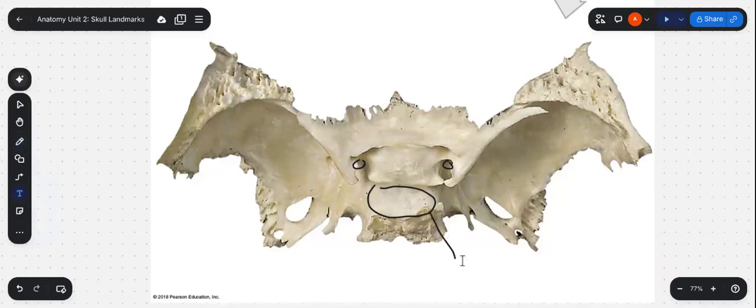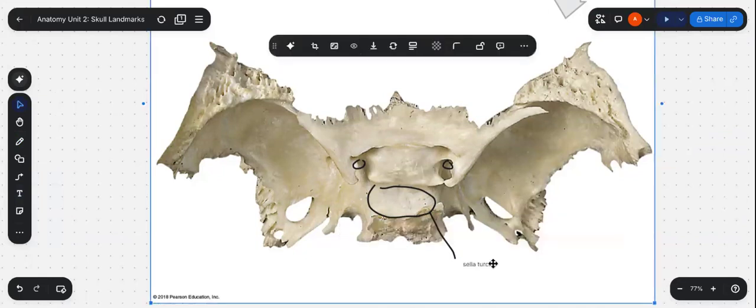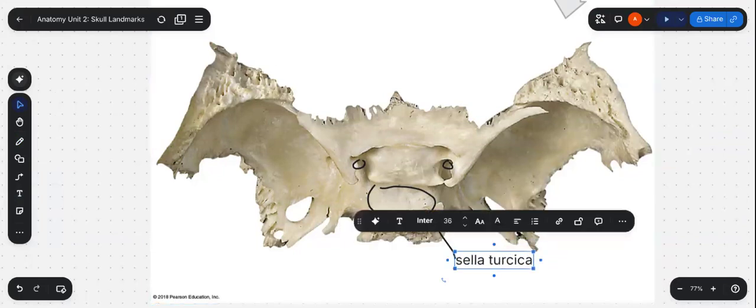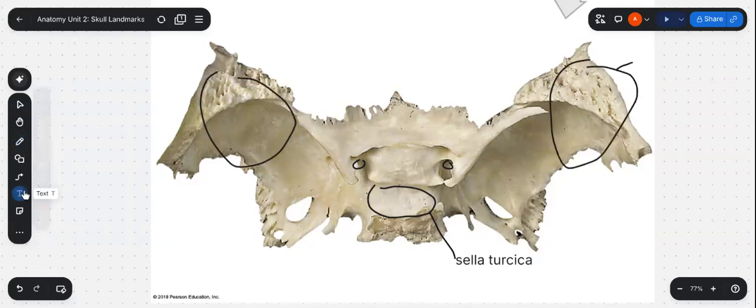And then the main thing that you have to remember is your greater versus lesser wings. So the greater wings are going to be basically this top portion over here and here. These are your greater wings.